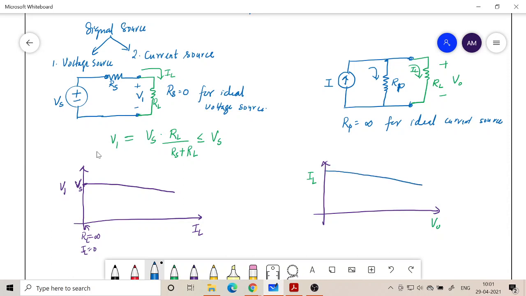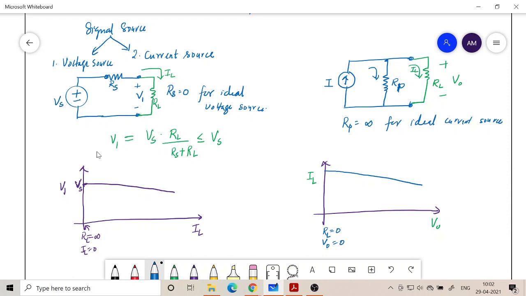Okay, so this is how it would look like. The current IL, the current through the load resistance, reduces as the voltage across it increases. Another way you can say about this, the current at this point is basically RL equal to 0, where V0 is equal to 0.